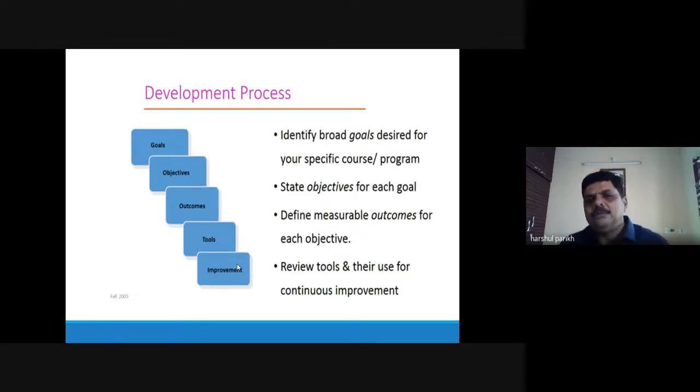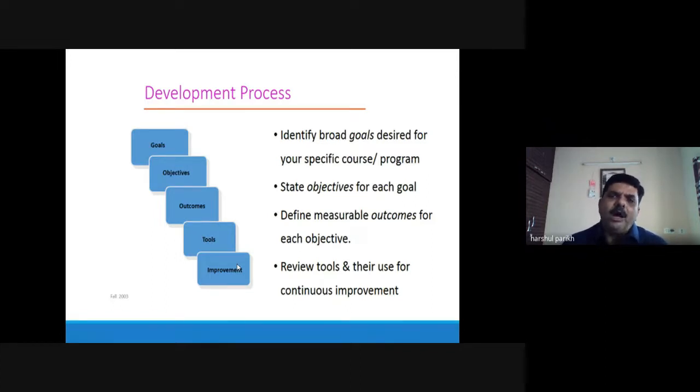So this is the development process, and we should follow it. Identify the broad goals of a specific course or program. Prepare the objective of each goal; that means state the objective for each goal.